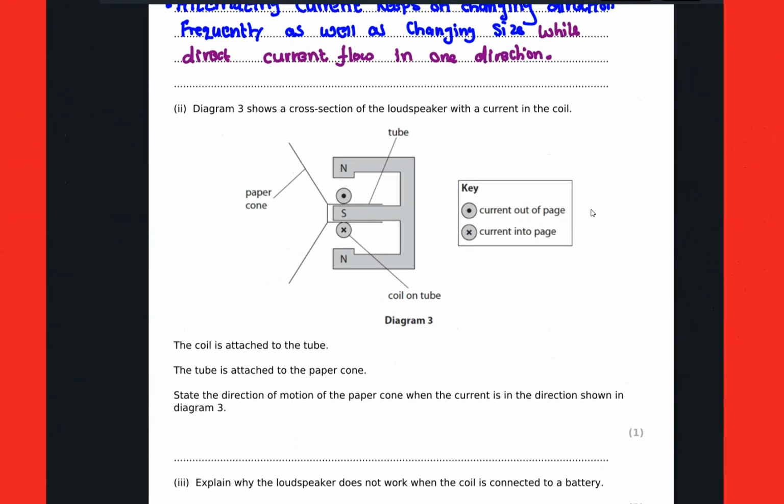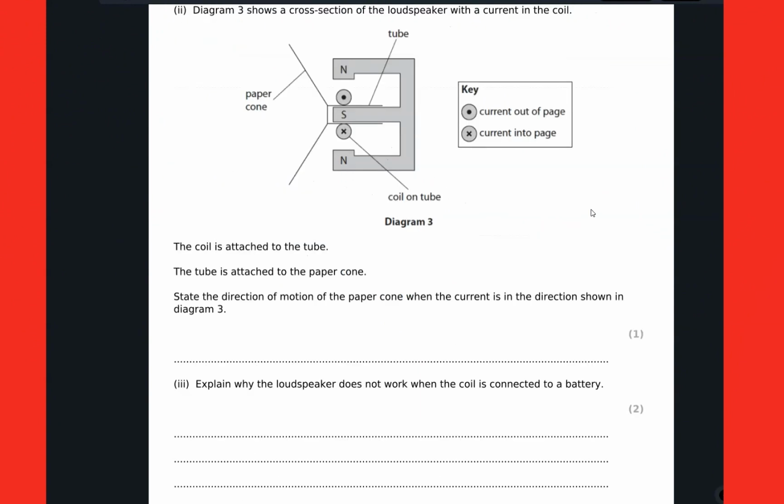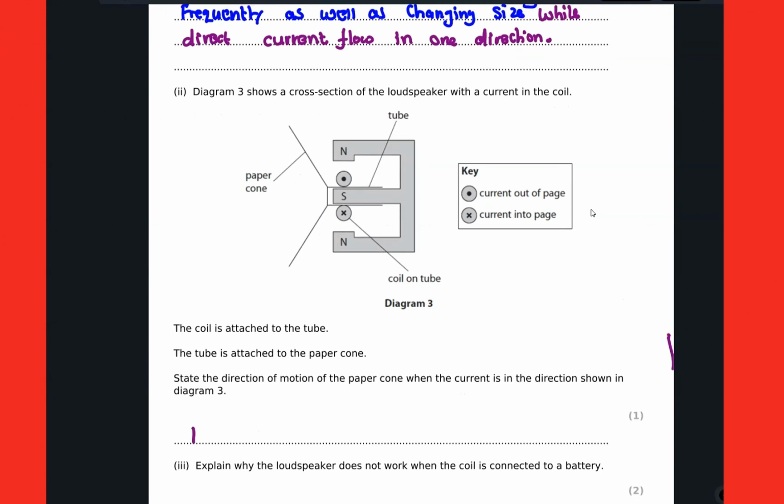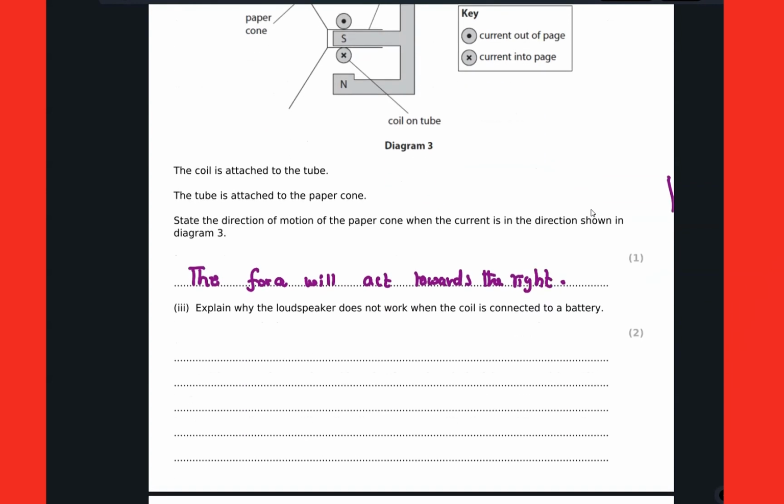Now, we're supposed to state the direction. The thumb will point to the right, which means the force will act to the right, and the peppercorn is going to vibrate towards the right. Explain why the loudspeaker does not work with direct current.